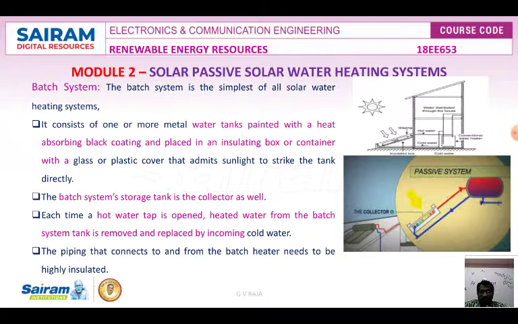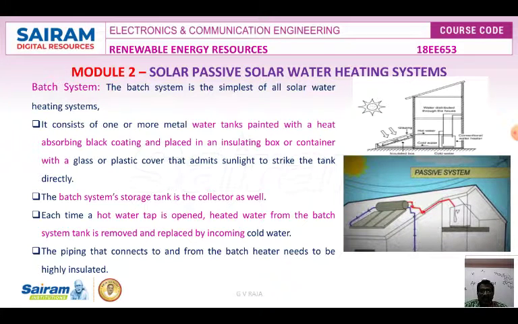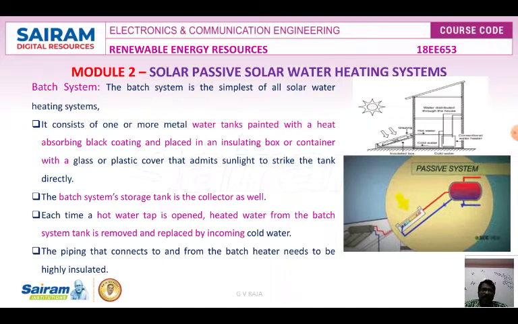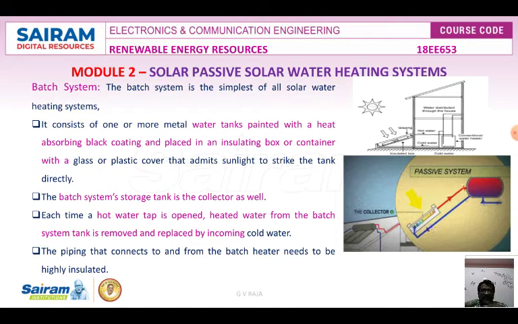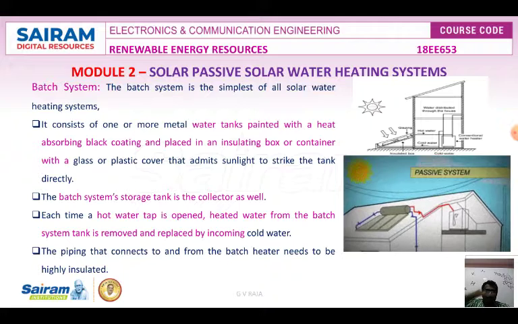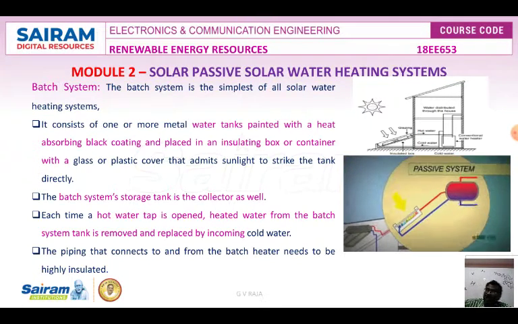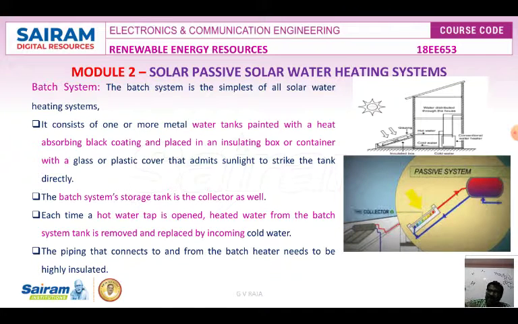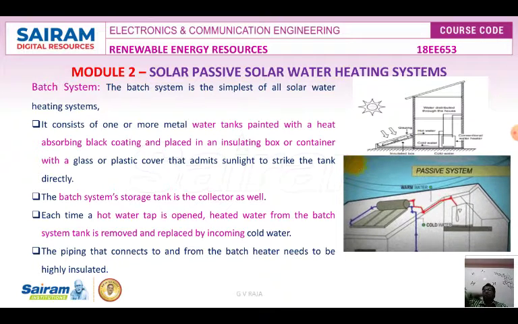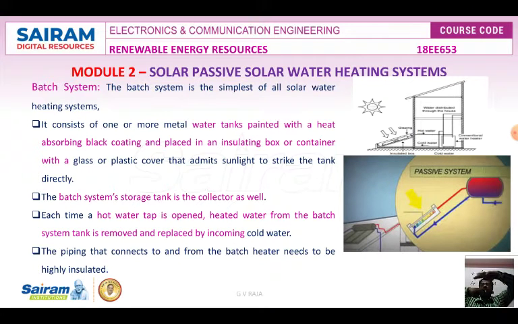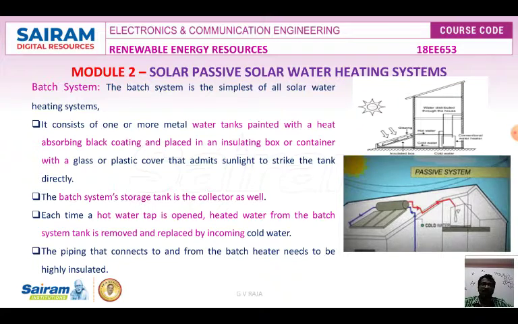It consists of one or more metal water tanks painted with heat absorbing black coating and placed in an insulated box or container with glass or plastic, which covers the case and admits the sunlight to strike the tank directly. That means one array type of solar panel will be there, and above that one more tank will be there. It is aluminum which is coated with black paint.